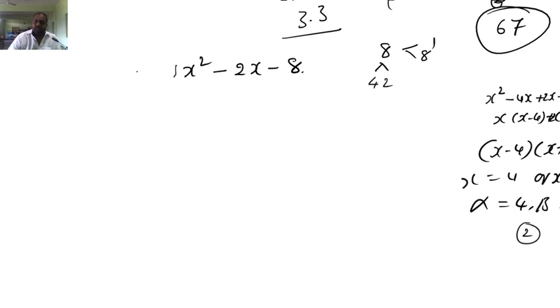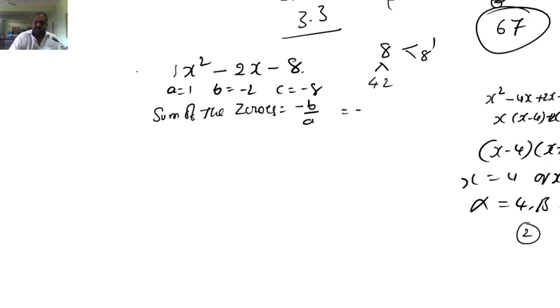So the sum of the zeros is minus b by a. A is equal to 1, b is equal to minus 2, c is equal to minus 8. Minus b by a means minus of minus 2 by 1, that is equal to plus 2.